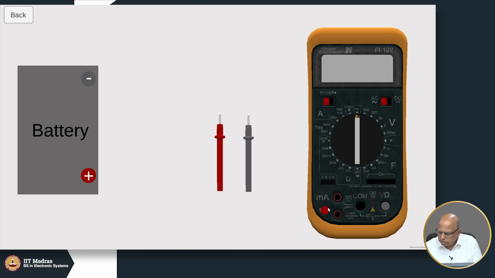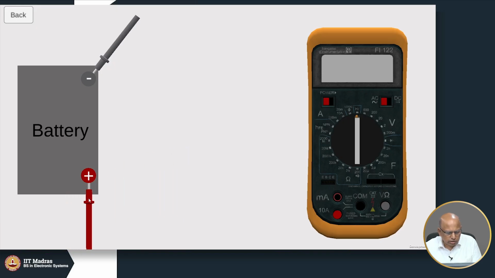Suppose I want to measure between these two points. You can use your mouse to move this. This is explained in that website which I showed you.